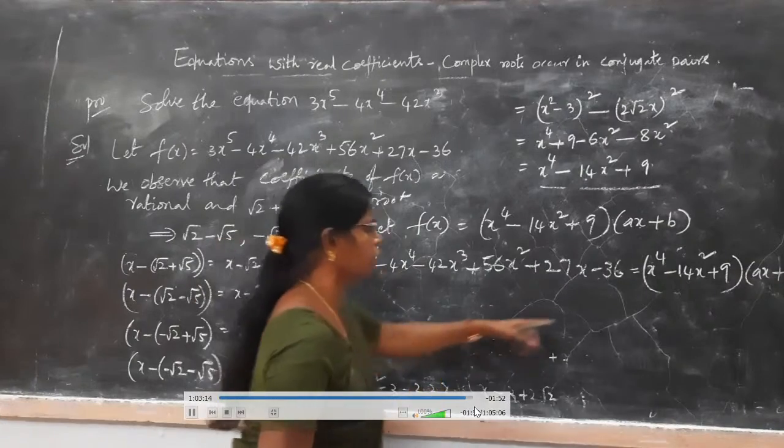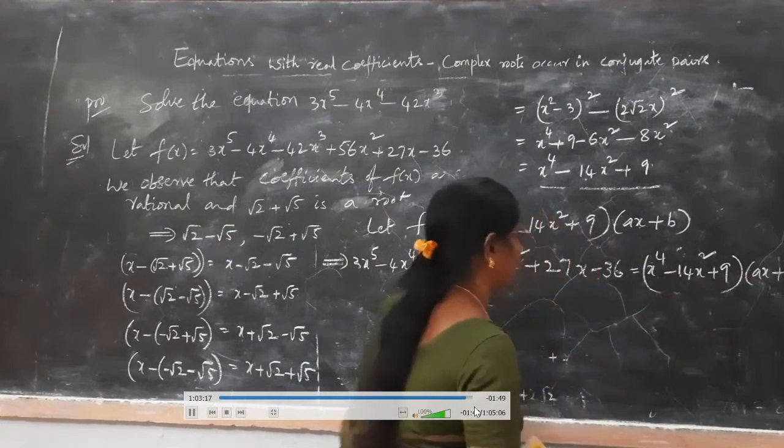This is 3x power 5, and here ax into x power 4 gives ax power 5.